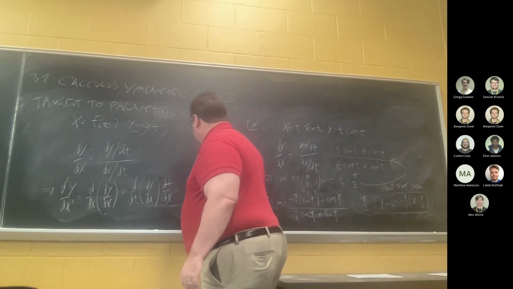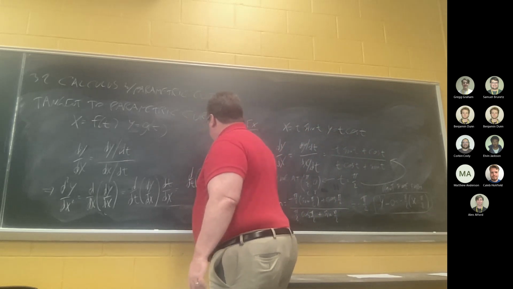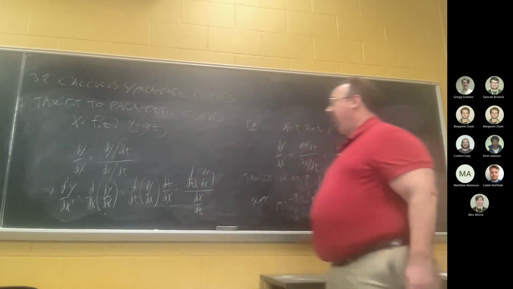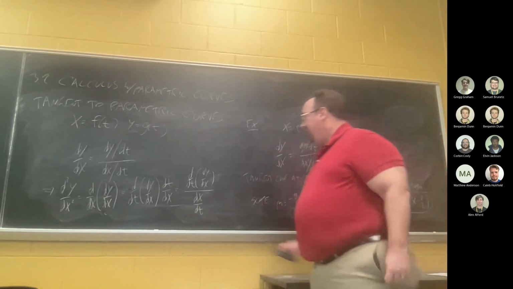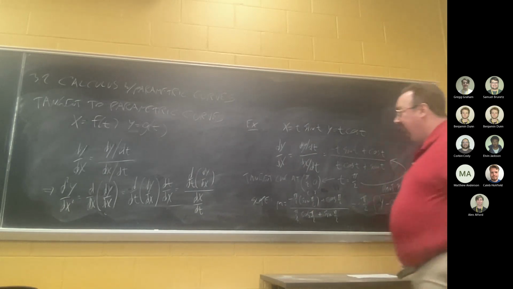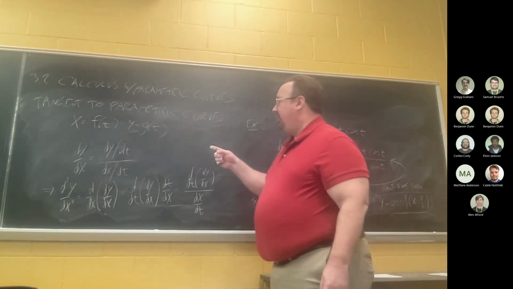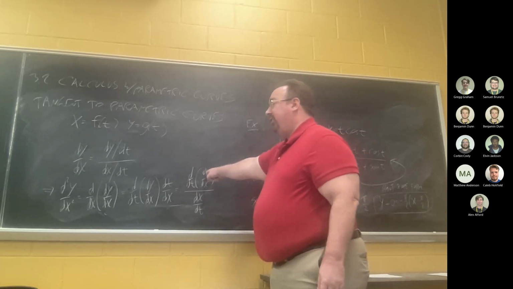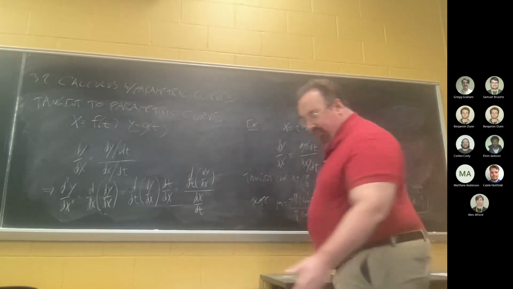So this is the same as d/dt of dy/dx divided by dx/dt. So instead of multiplying by that, you divide by its inverse. If you've already gone to the trouble of computing dy/dx as a function of t, now you can differentiate it with respect to t, no problem. You just have to divide by dx/dt afterwards.